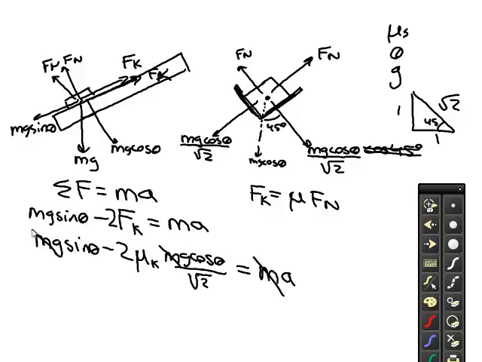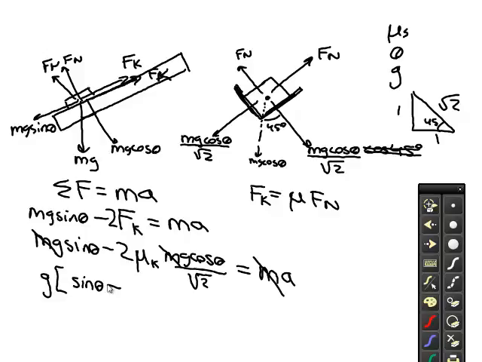Okay? Now, if you take a look at the answer in the back, they pulled out the g. So we've got sine of theta minus, now we got a square root of 2 on the bottom. So let me just switch colors here so you can see.